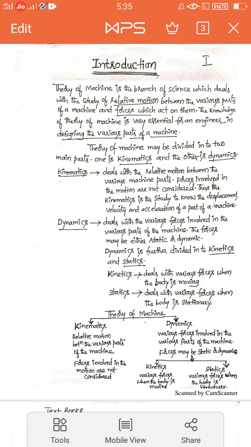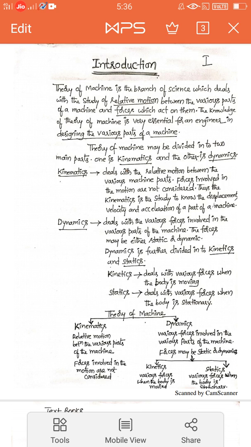However, the forces which are responsible for the motion of each and every part will not be considered in kinematics. Therefore, kinematics means exclusively the study of relative motion between the various parts of a machine.